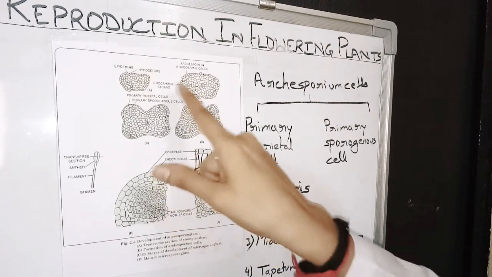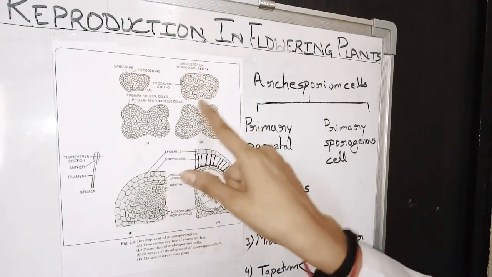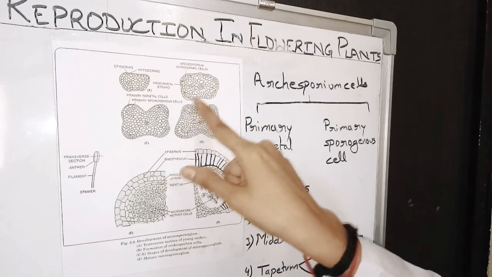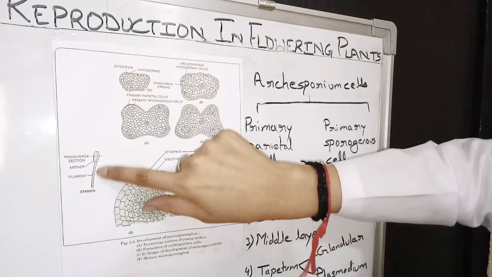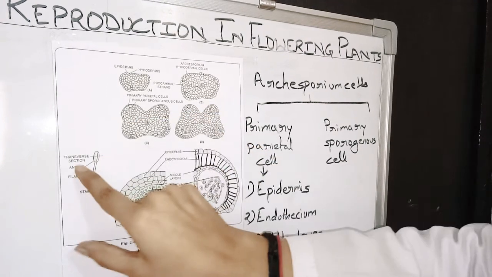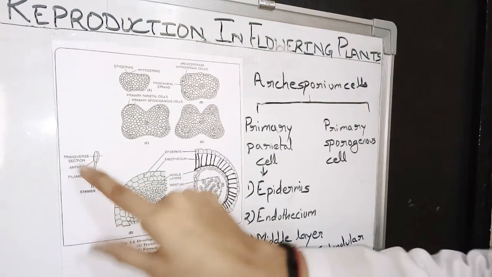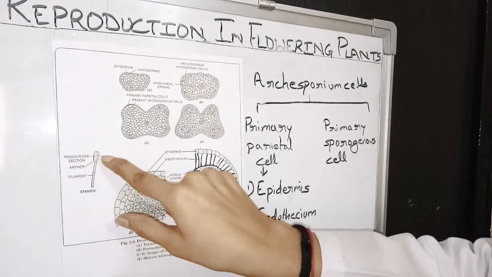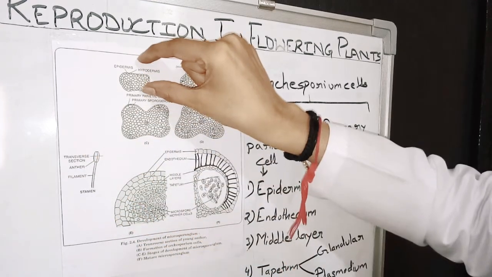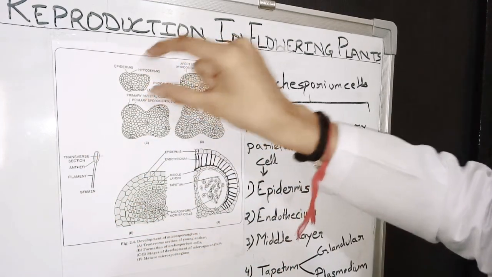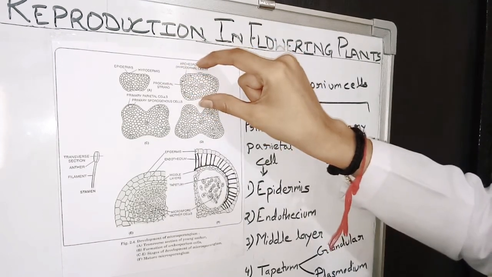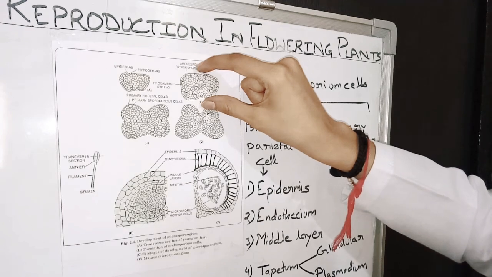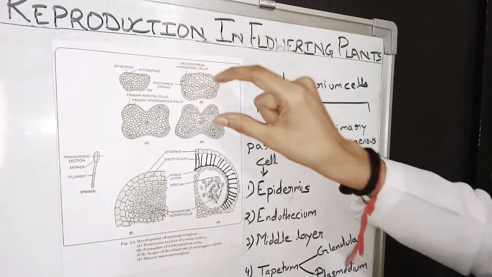This is the developing microsporangium inside the anther. This is the stamen and this is the anther, and its transverse section has been taken here and zoomed, and in this diagram the formation of microsporangium is shown.